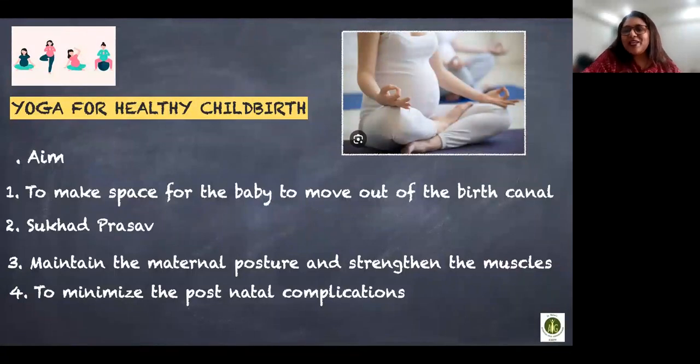The main aim is to explain that labor needs space, stretch, and then strength, suppleness, and stability for both physical and mental health of the woman, as it minimizes postnatal complications.